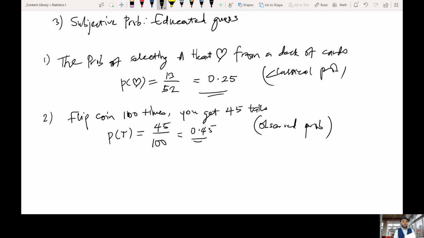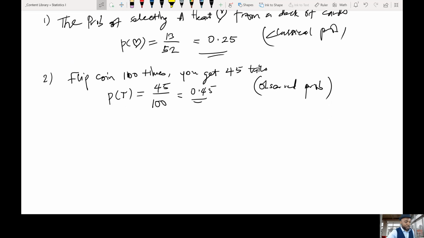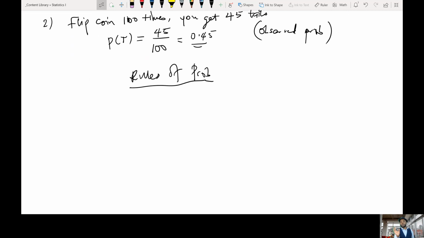Let's look at a different example, or let's tie into the whole rules of probability. Let's proceed faster. So one of the first rules, as we said, is that the probability must always be between 0 and 1.